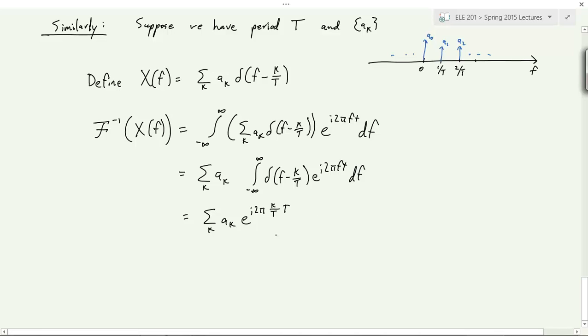And that is exactly x of t by definition of the Fourier series. So what we've said is, if these are the Fourier series coefficients, then we know that this sum gives us back x of t. Well, if you define an X of f in the most natural way here, then this is the Fourier transform of our periodic signal. Okay. So again, the series and the transform are related in this way.